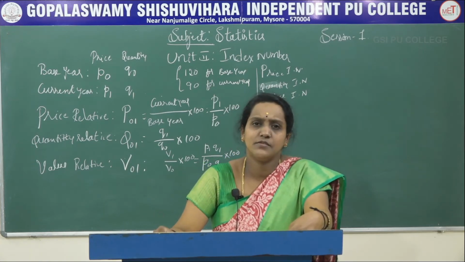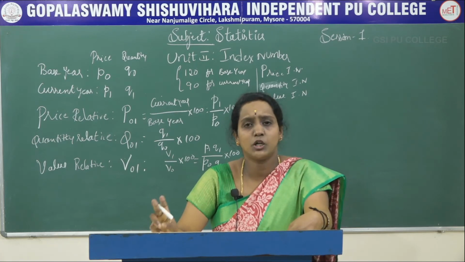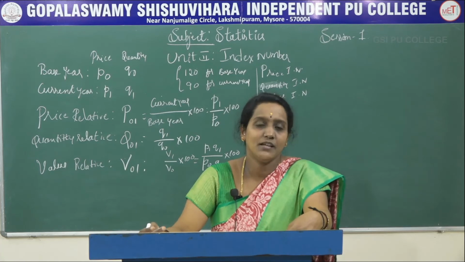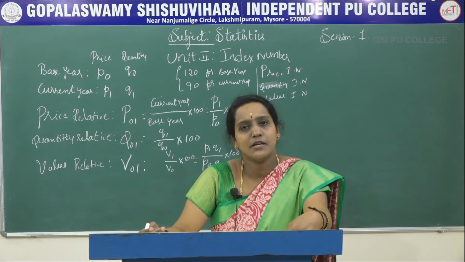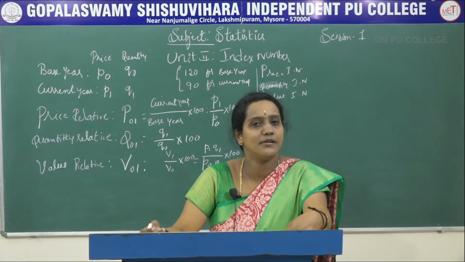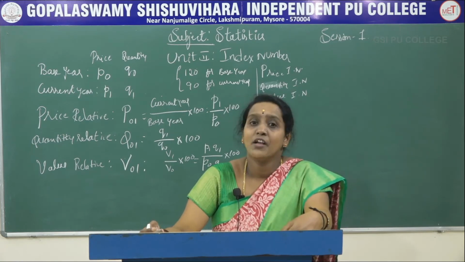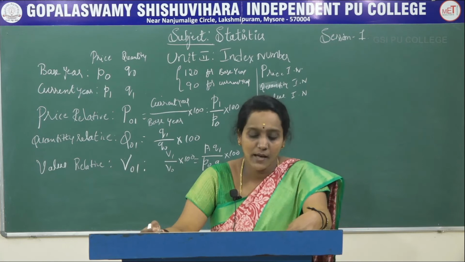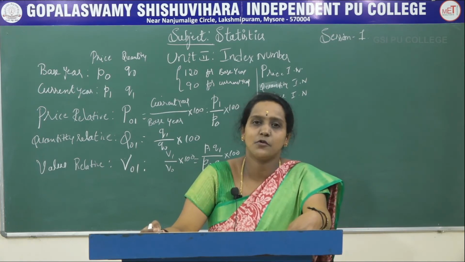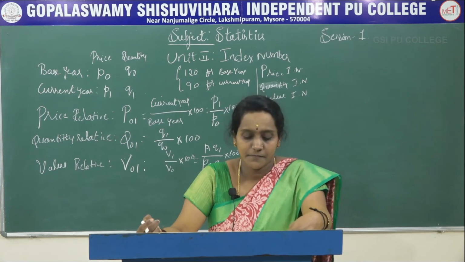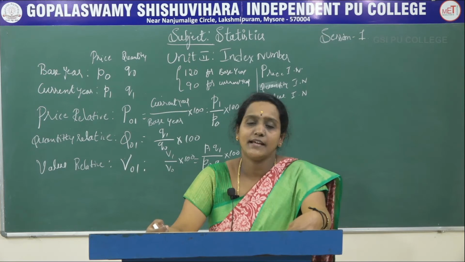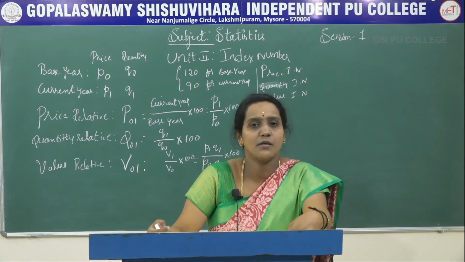Usually in index numbers we will use only two averages, that is arithmetic mean and geometric mean. We will use arithmetic mean because it is very simple and everyone can calculate it. And geometric mean is the best average for averaging the ratios of relative changes, because in index numbers relative changes are very important.